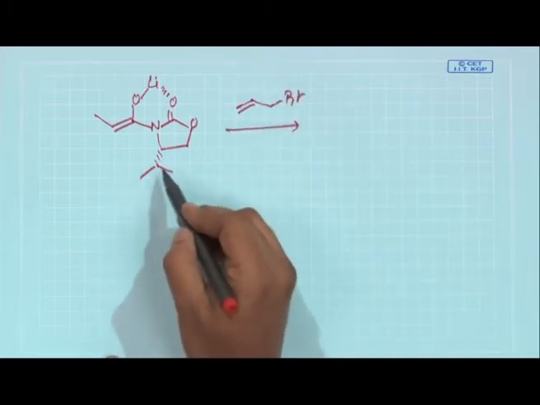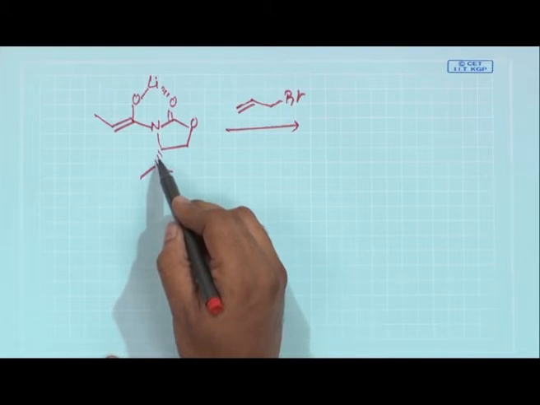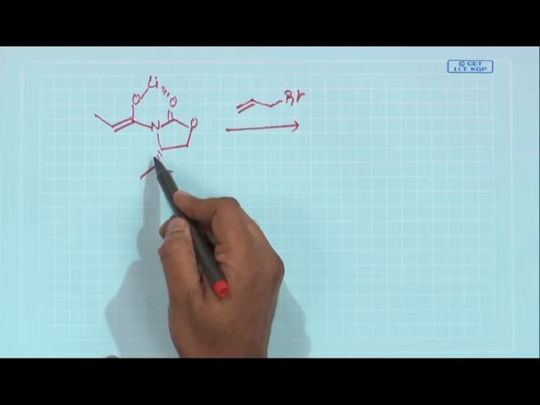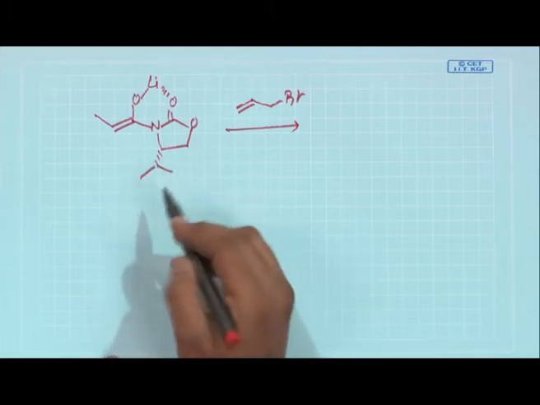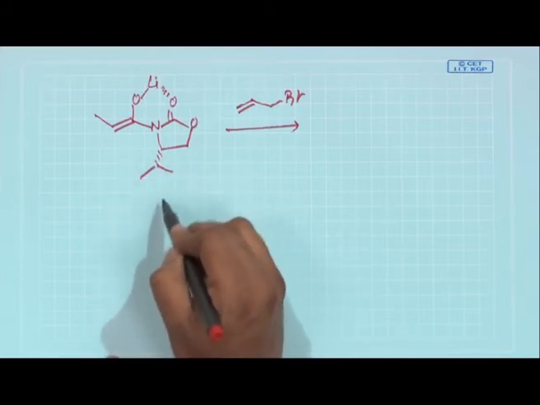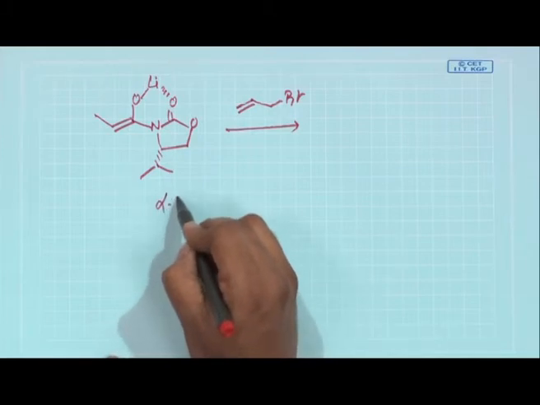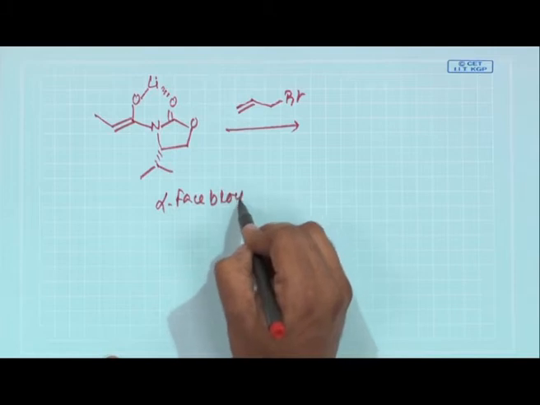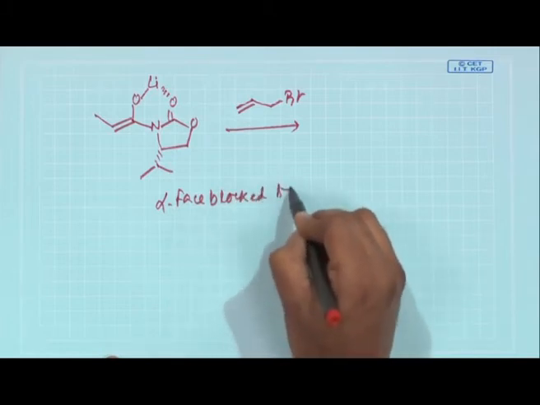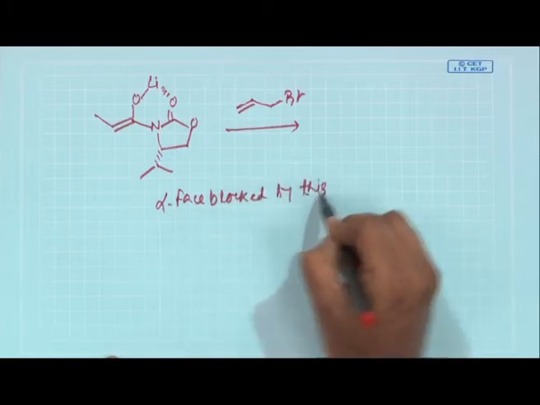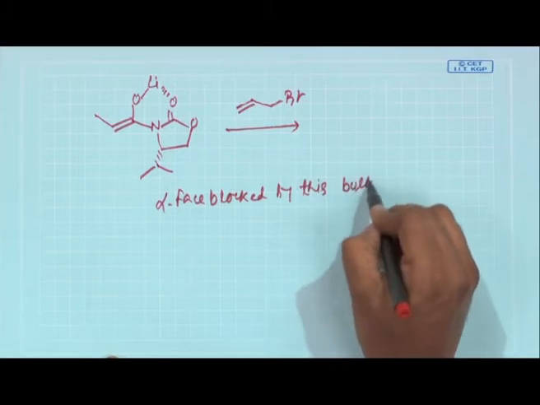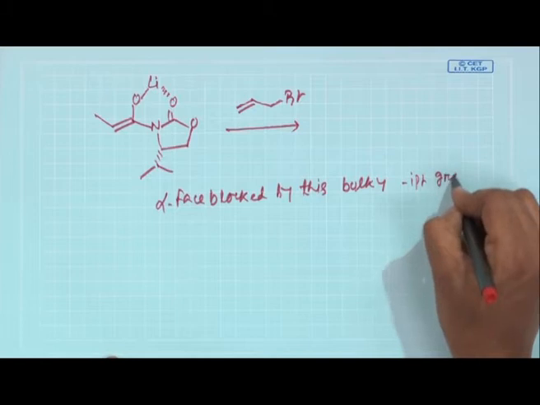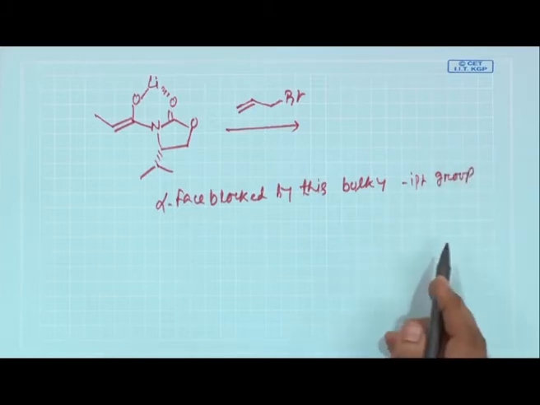See that this isopropyl group in this oxazolidinone blocks the bottom face, or the alpha face, is basically blocked by this bulky isopropyl group, and that is very important.